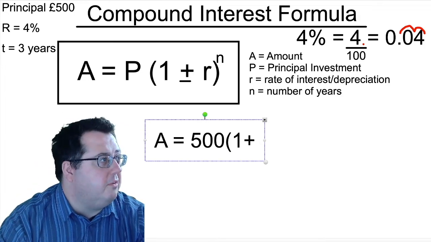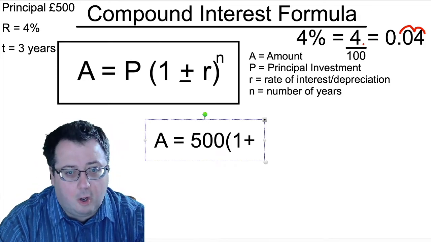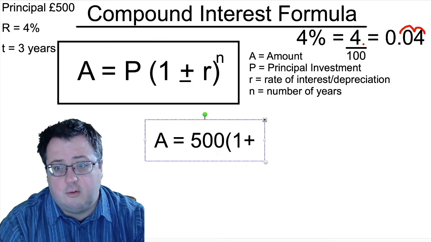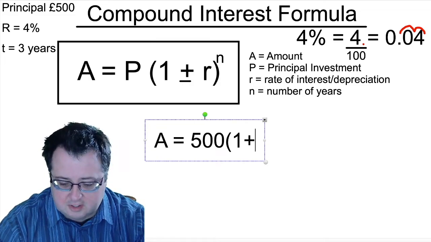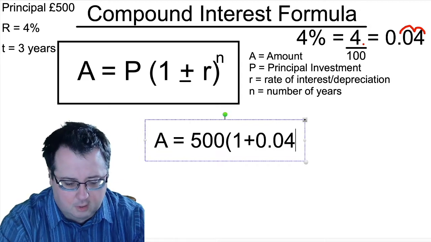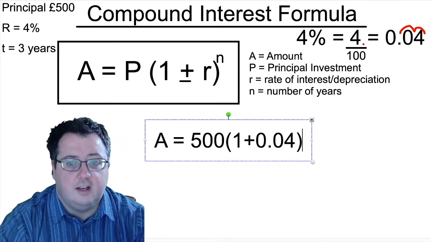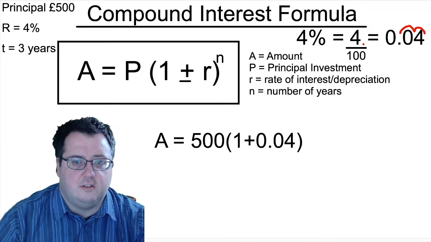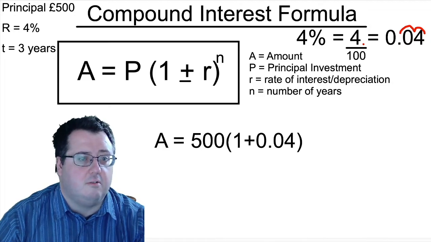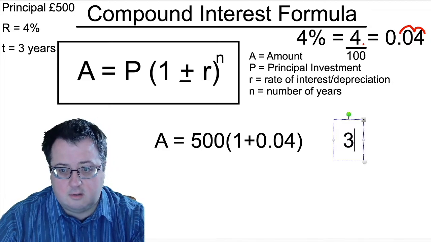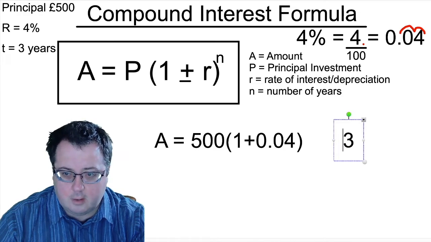Minus would be if it was depreciating. Okay, 1 plus the rate of interest or depreciation. Well, that's going to be 0.04. I'm going to close the brackets, and then I'm going to raise this to the number of years, which we know is 3. There's the number 3.